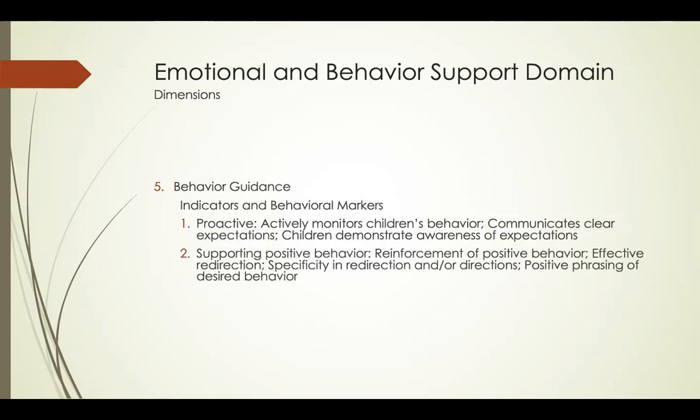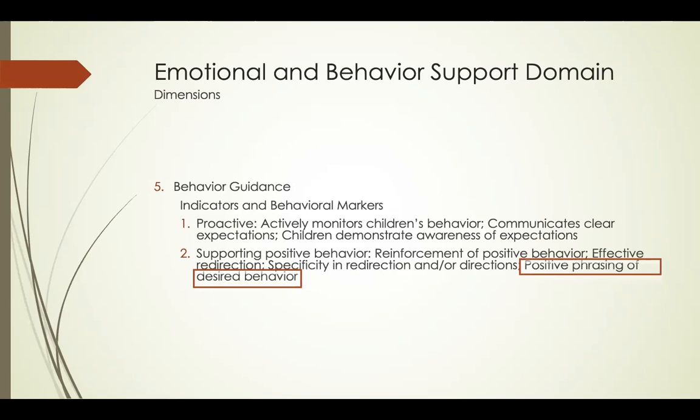Supportive positive behavior, and the one I want to point out here is positive phrasing of the desired behavior. So we want to say what we want to see, not what we don't want to see. Saying that you would like them to find the trampoline to go jump on is very different from saying stop jumping on the sofa.